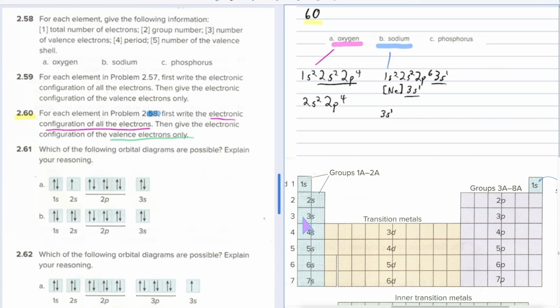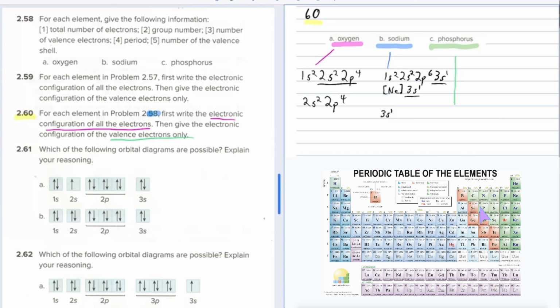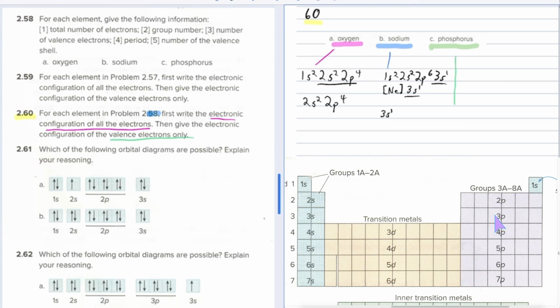Now the last one is phosphorus. So let's bring phosphorus down here. And phosphorus is right below nitrogen. It's going to end up in 3p. So you can see phosphorus right there. There it is right there.